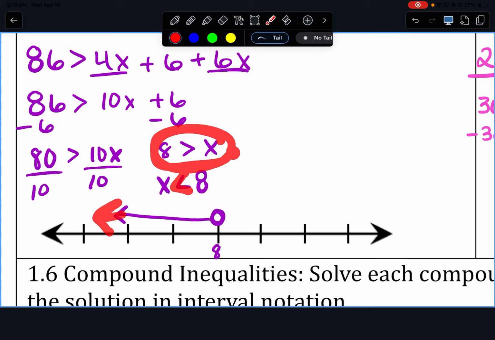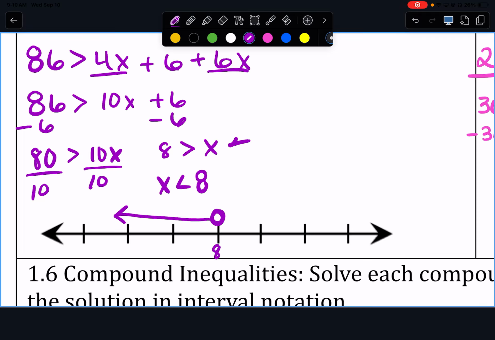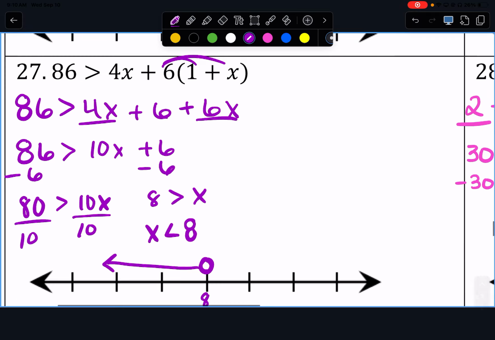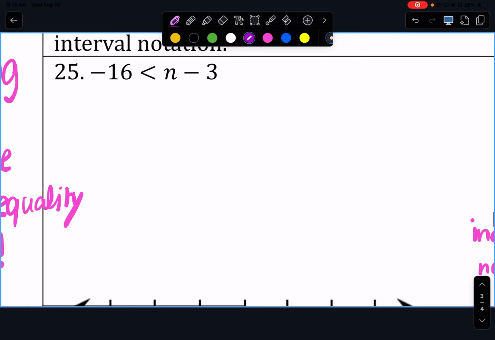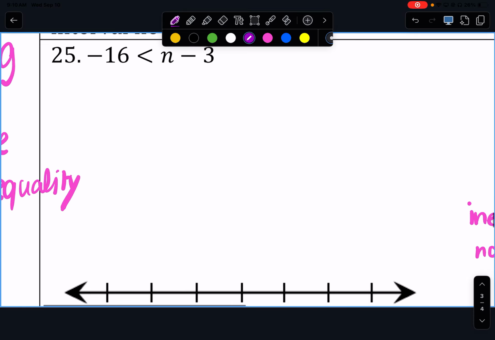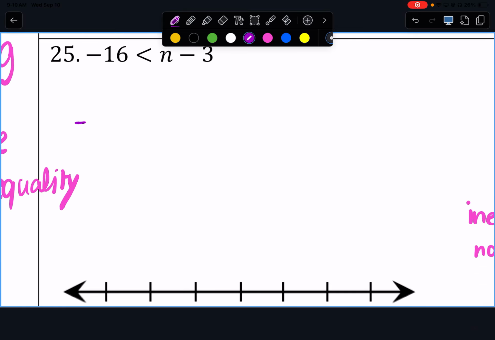I've noticed a couple errors from that, okay? So make sure you know if x is bigger or if 8, the number, is bigger when you go to do these, especially if they're written backwards. I think 25 ends up written backwards as well, as negative 13 is less than n.